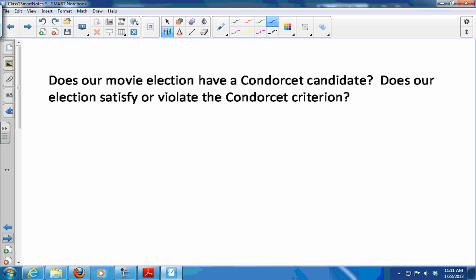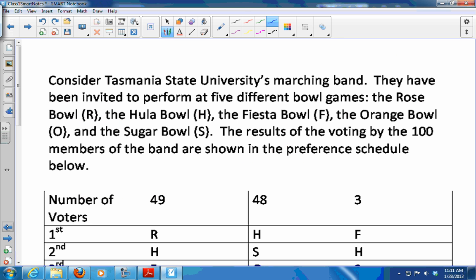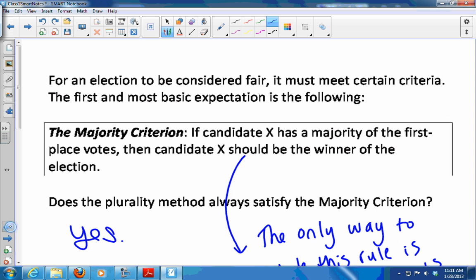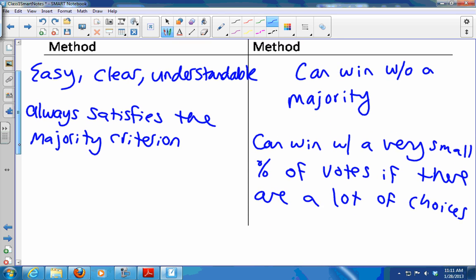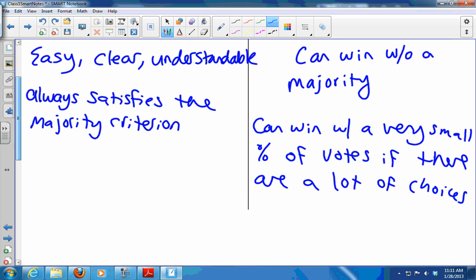So let's go back to our pros and cons list, advantages and disadvantages. And to the disadvantages list, I'm going to add can sometimes violate the Condorcet criterion.